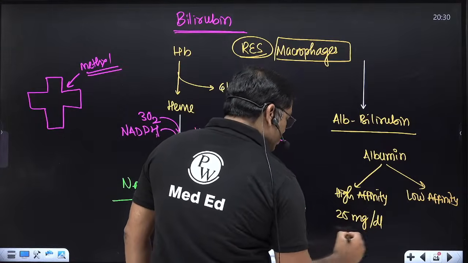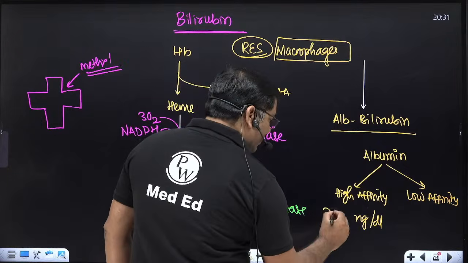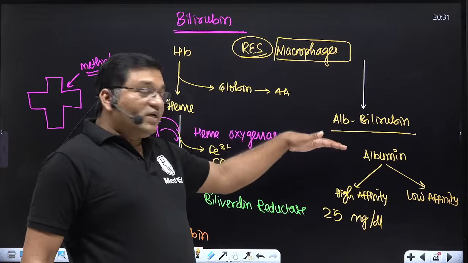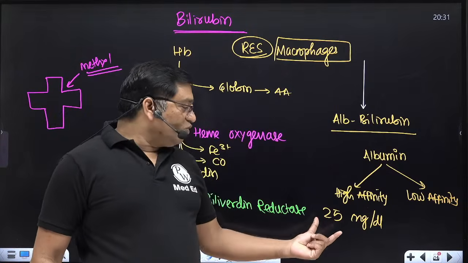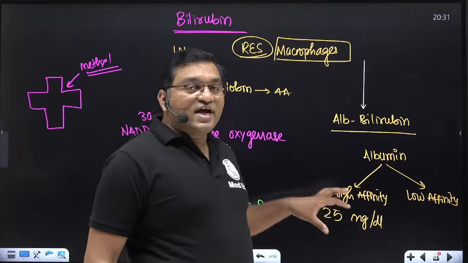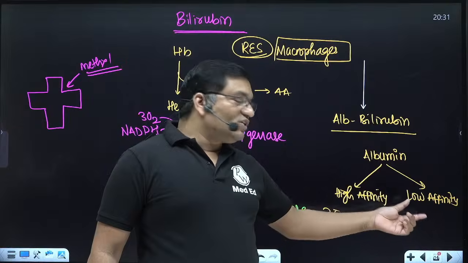This can be an MCQ: 25. 25 milligram per deciliter of bilirubin can bind to the high affinity site of the albumin, and the rest of the bilirubin binds to the low affinity site.